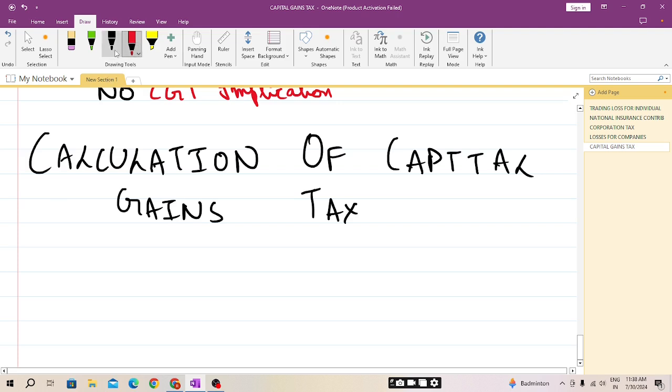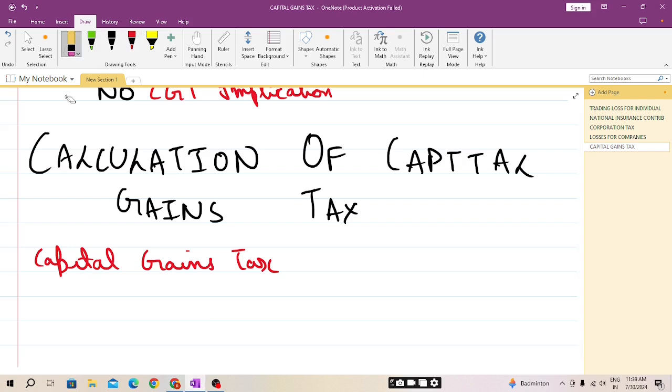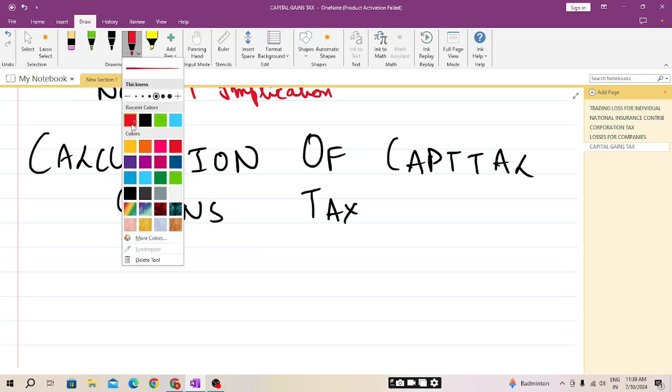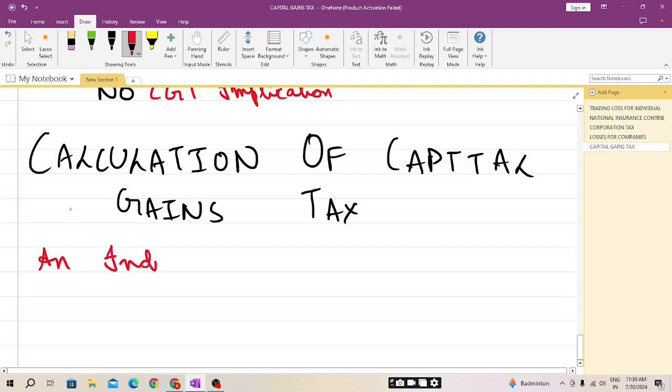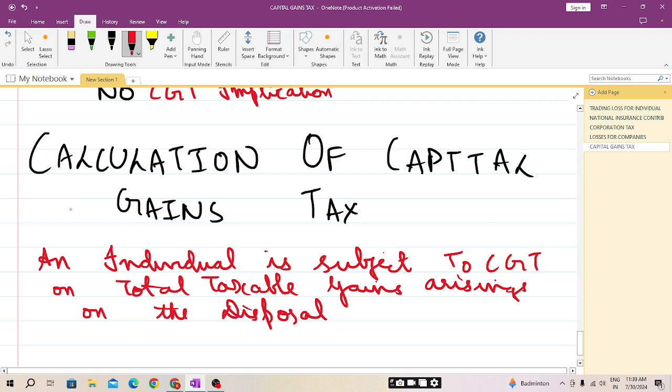So students, let's mention here, an individual is subject to the capital gains tax on total taxable gains arising on the disposals of all assets in a tax year.